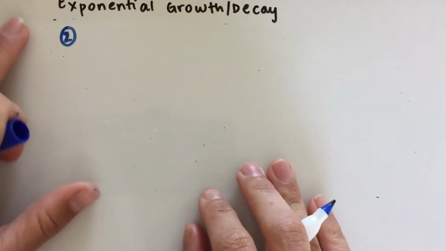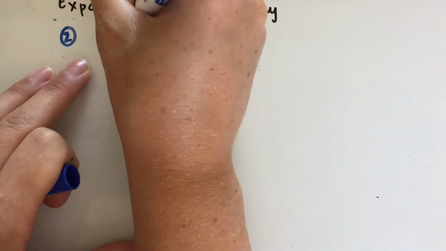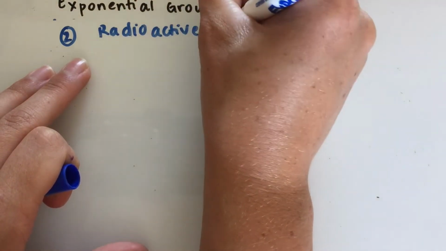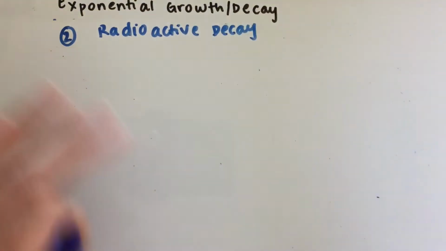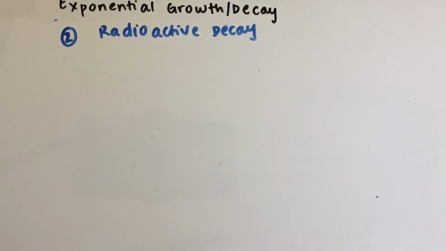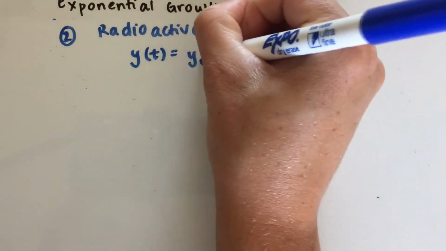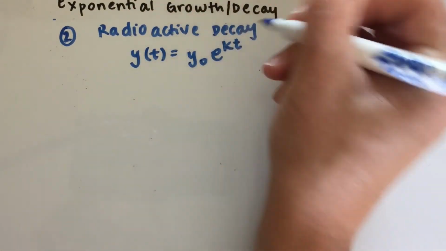Okay, now for my next example, I have radioactive decay. So for this one, we have the equation y of t equals y naught e to the kt.